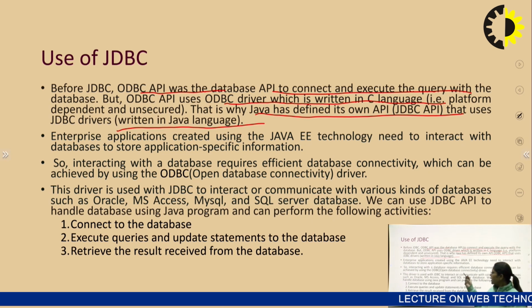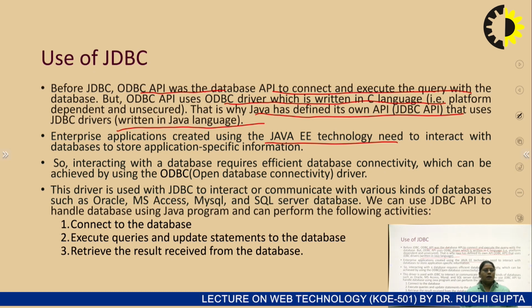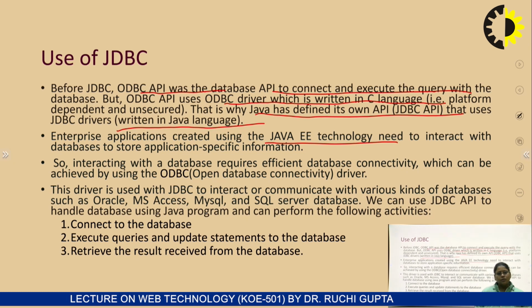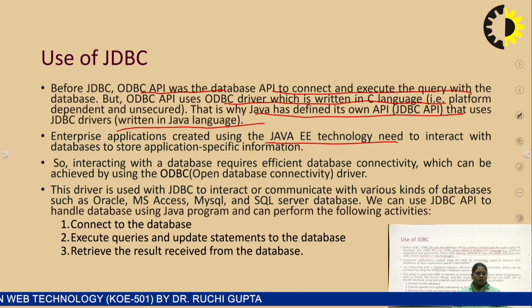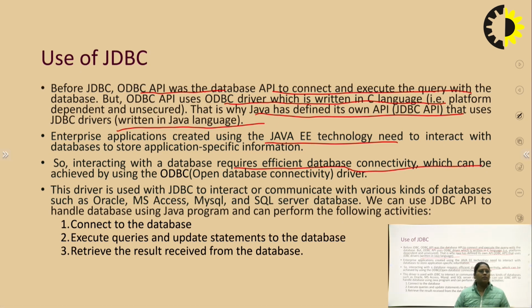It also creates the Java enterprise environment so that we can execute servlets, Java beans, or JSP, because they all execute in the J2EE environment, not in the J2SE environment. So interacting with the database is efficient. It provides efficient connectivity instead of using ODBC connectivity.